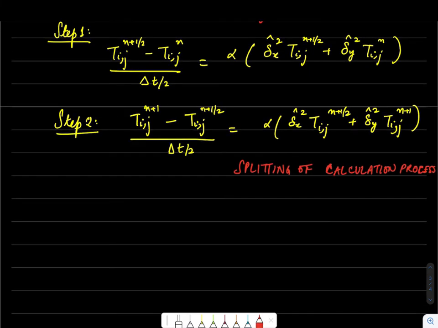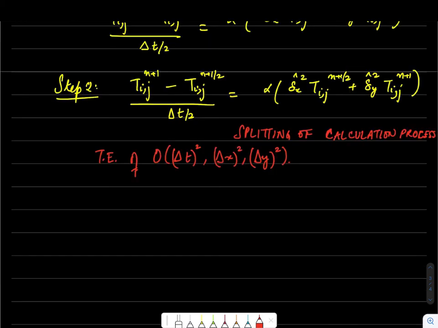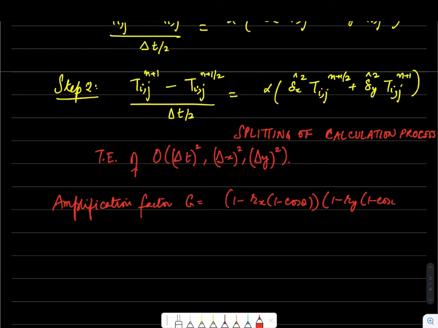This ADI method also has an accuracy or a truncation error of order delta t square, delta x square and delta y square. Further, if you do a stability analysis on this problem, you will see that the amplification factor G comes out to be 1 minus Rx, 1 minus cosine theta, 1 minus Ry, 1 minus cosine theta, divided by 1 plus Rx, 1 minus cosine theta, 1 plus Ry, 1 minus cosine theta.